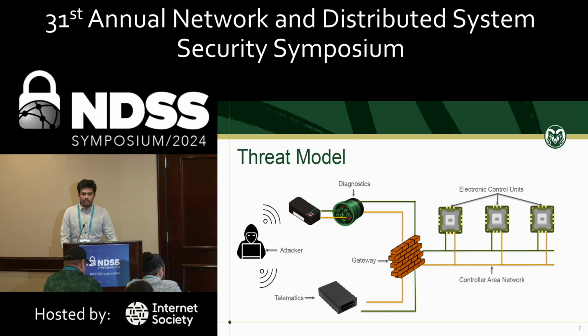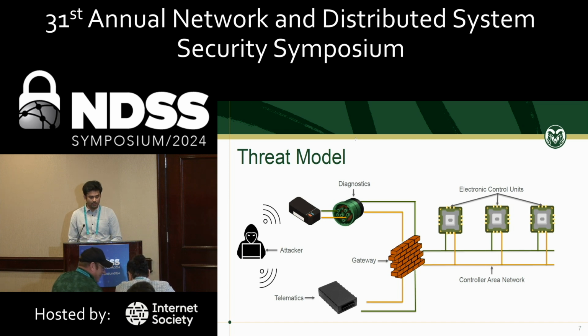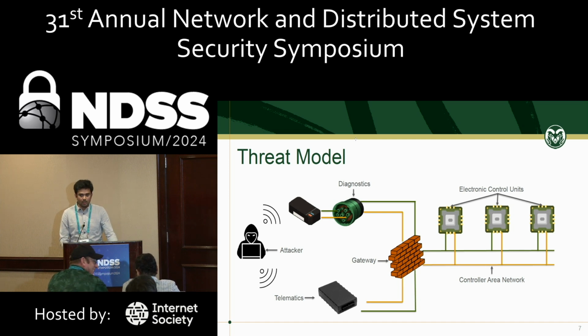So what is the threat model here in terms of our research? Obviously, we don't consider anything that is plugged onto the internal secure network where all the vital ECUs are. We do think of a diagnostic attacker who would sit on either the diagnostic port or the telematics port, which is segmented out from the main network.